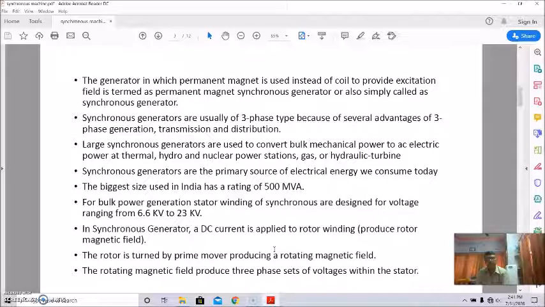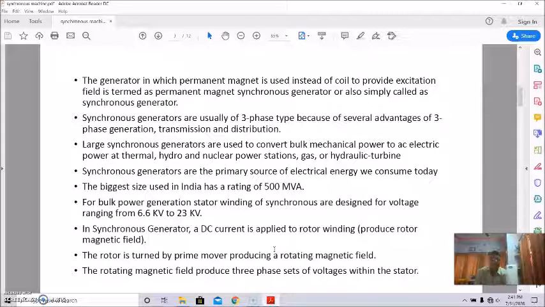The basic requirement for power generation is a magnetic field, which is very important, and within this magnetic field a coil or conductor should be rotated to cut the field, as per the law of electromagnetic induction.